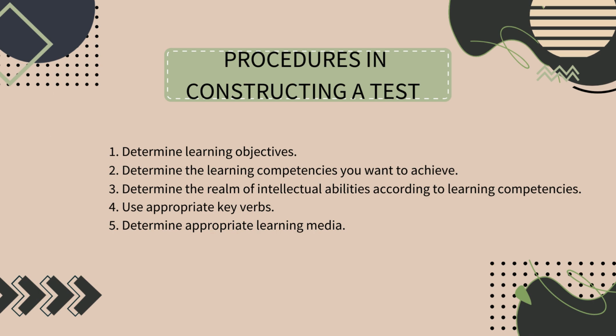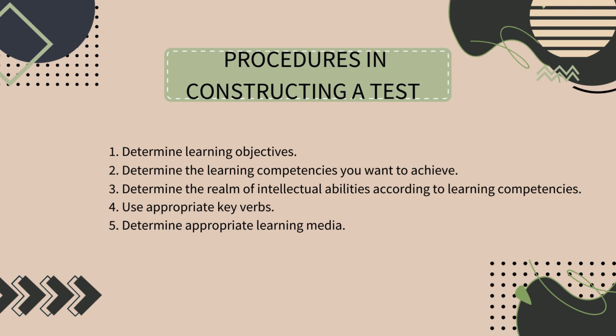Number three, determine the realm of intellectual abilities according to learning competencies. This is the process of identifying the intellectual ability domain that corresponds to the learning competencies to be achieved.